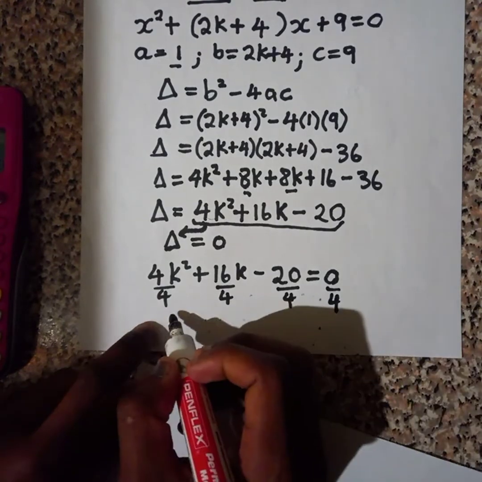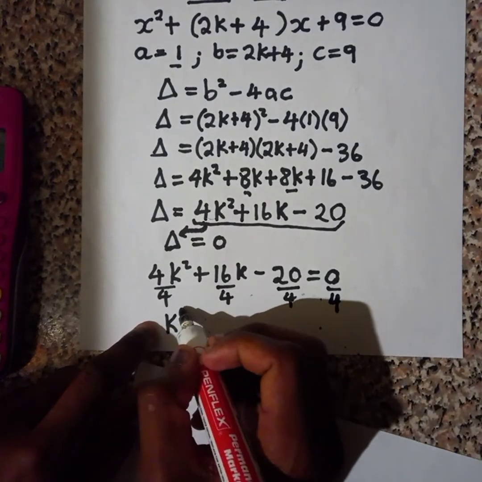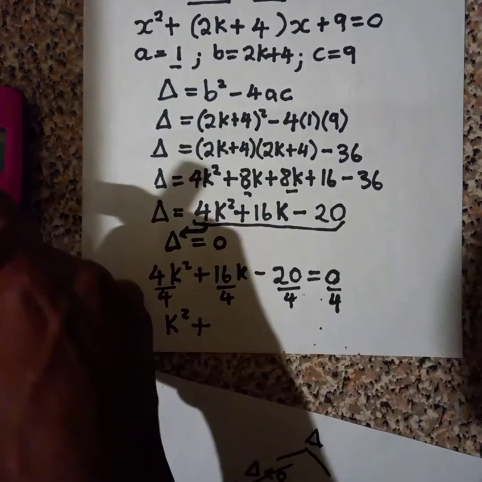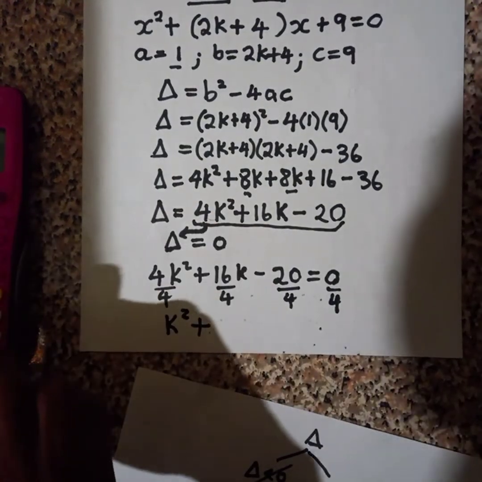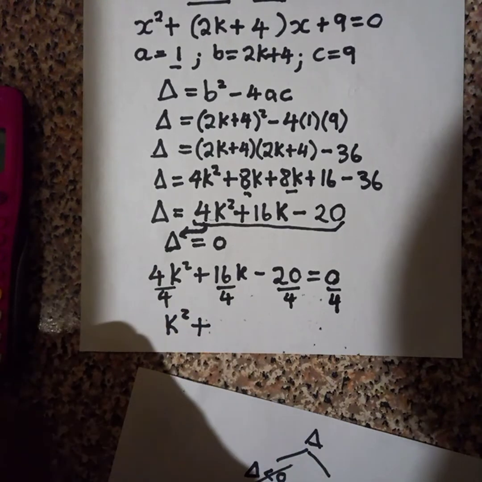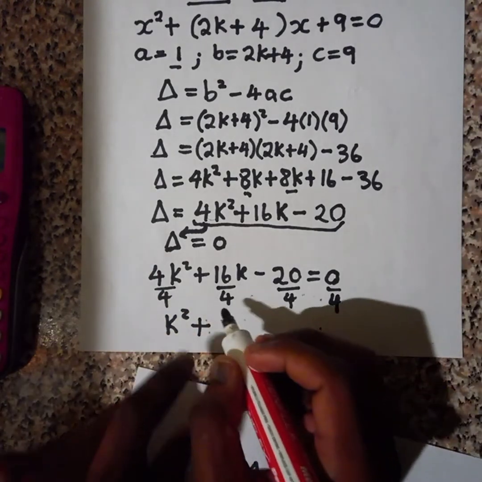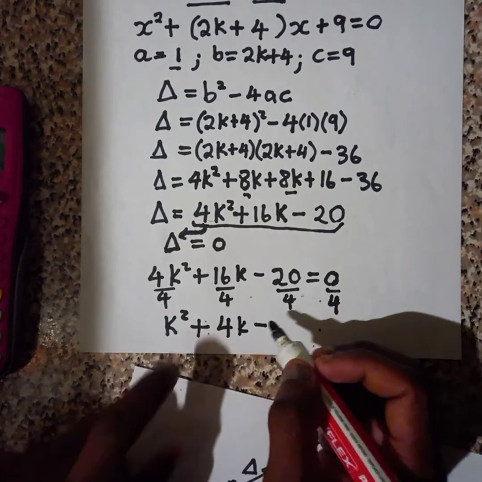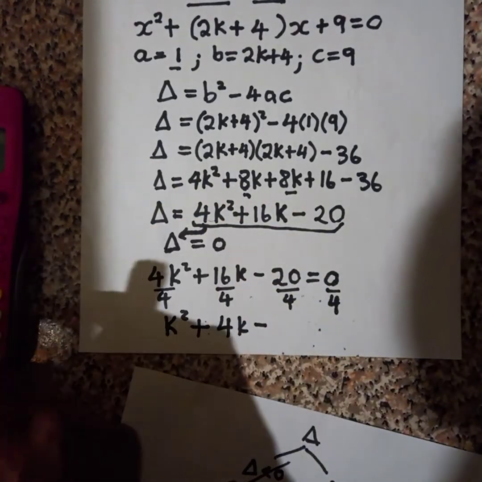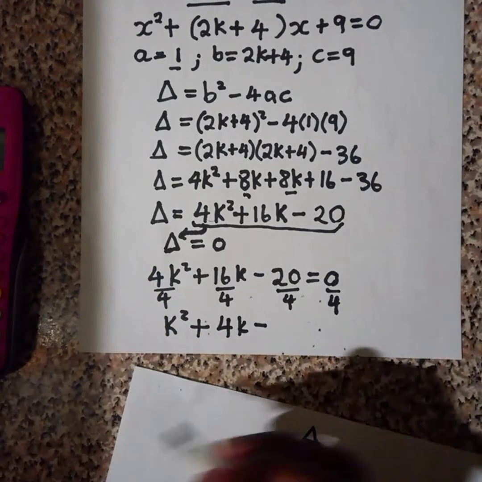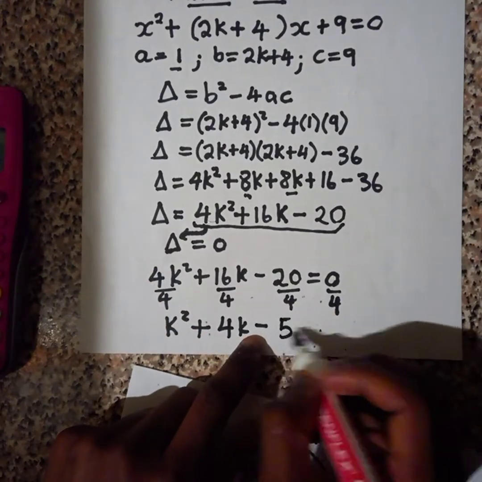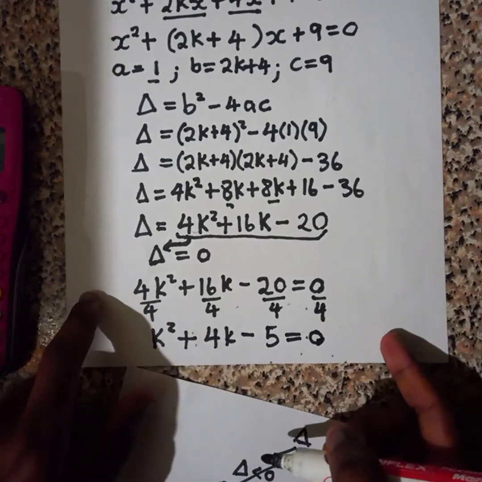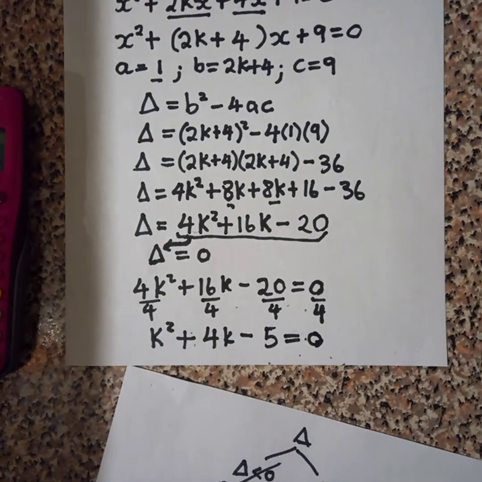We are going to get k squared plus 4k minus 5 equals to 0. Do you understand, my fellow learners?